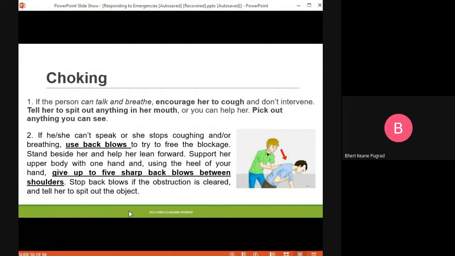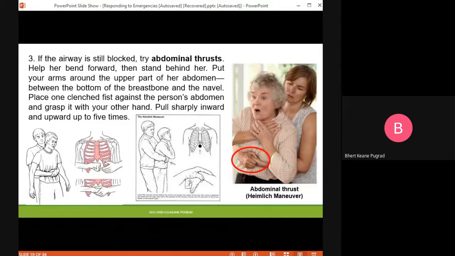So stop giving back blows if the obstruction is clear and tell the patient to spit out his or her food. But if delivering back blows is not effective, we need to do abdominal thrusts or your Heimlich maneuver. So how to do your abdominal thrust?